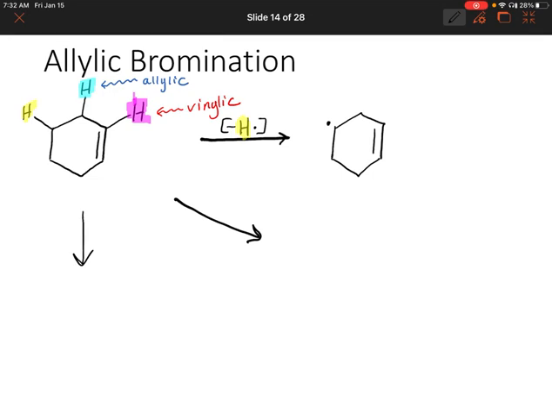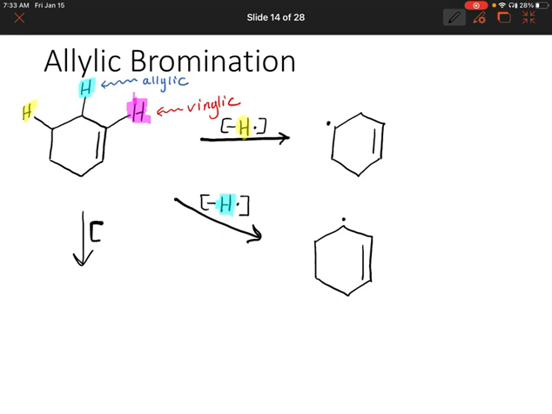Okay, now what would happen if we lost the blue hydrogen? So if that was abstracted? Well, we would end up with a single unpaired electron on the carbon that was attached to the blue hydrogen, so the allylic hydrogen.